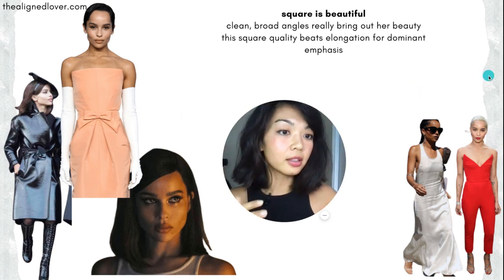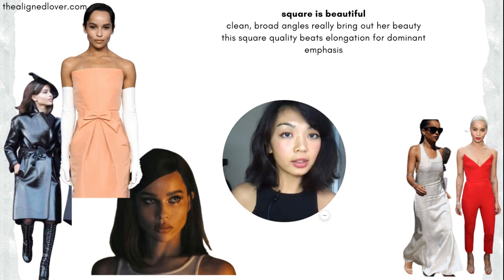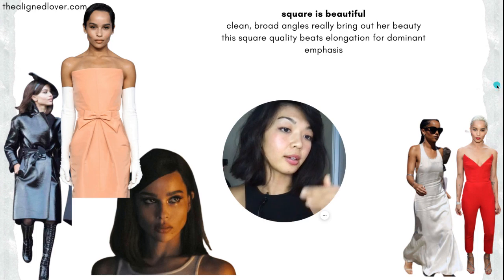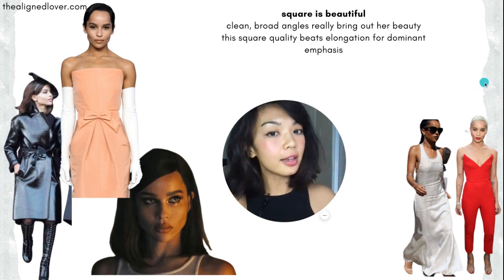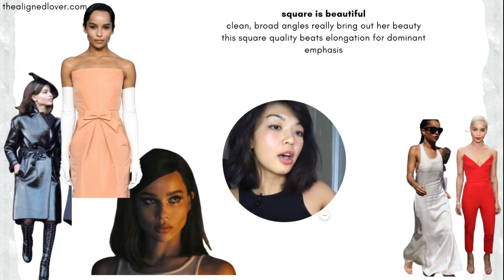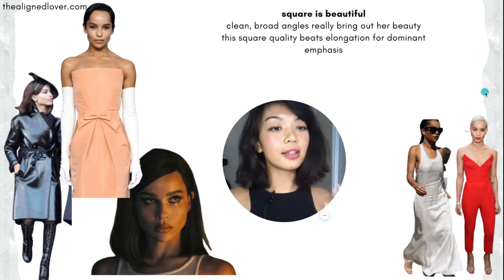And on the other hand, when squareness is kind of a dominant shape in your body, and elongation is kind of secondary, when you try to elongate as the first visual aspect of your look, it's not as impactful.